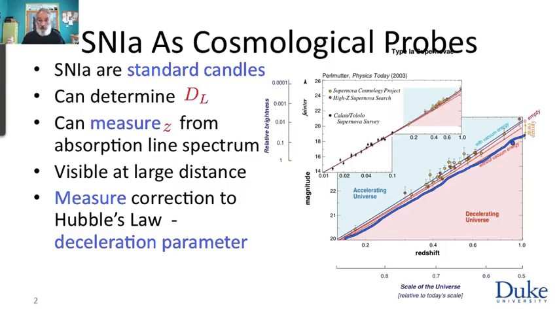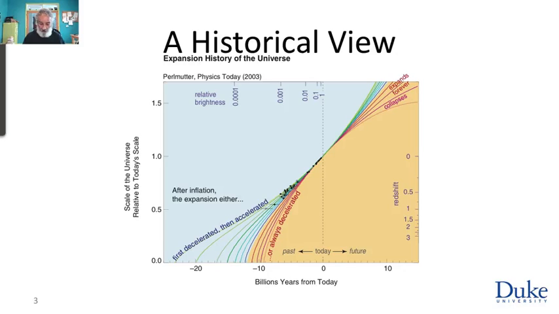These days we have measurements at even larger values of the redshift, and you can see that we observe nearby supernovae. For nearby supernovae, we observe the linear approximation, and then at larger distances, we observe that the universe is accelerating, and in fact, the most distant supernovae discovered actually begin to show us the downward trend.